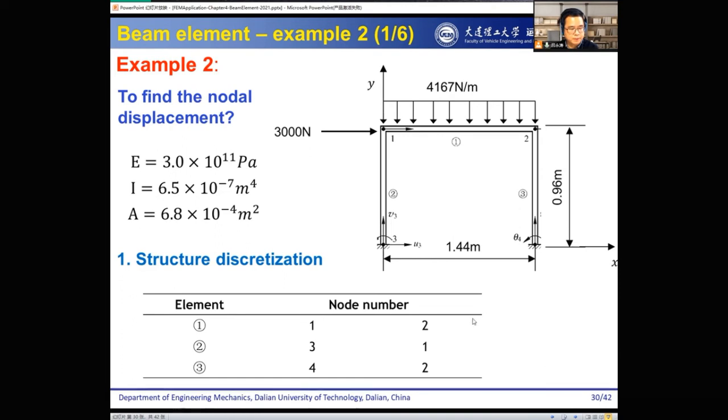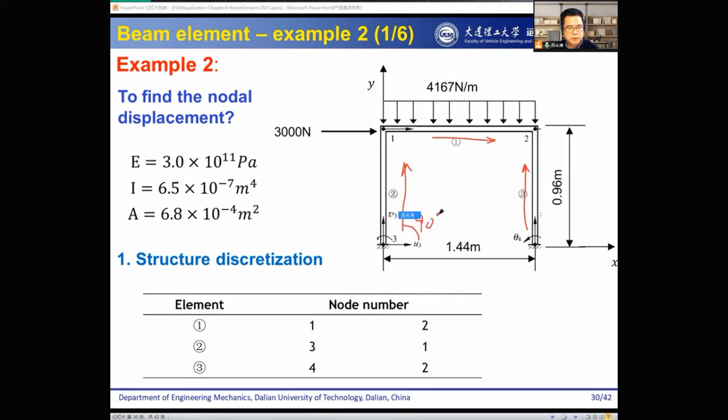So we have the 3 elements, and this defines the orientation of the elements. Element 1 is from node 1 to node 2. And for element 2, we define the orientation as from 3 to 1. This is the orientation of element 2, and this is the orientation of element 1. And this is the orientation of element 4. Because we define this orientation, the angle here is 90 degrees.